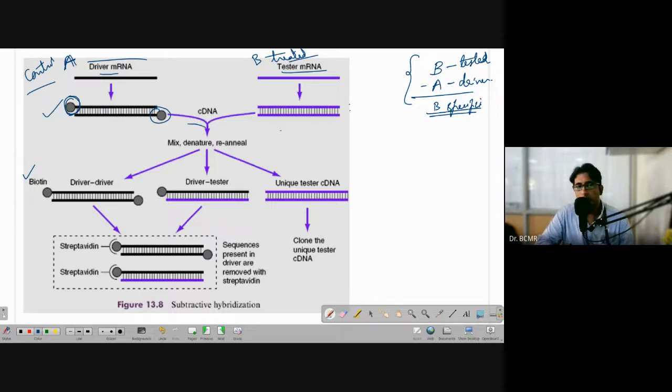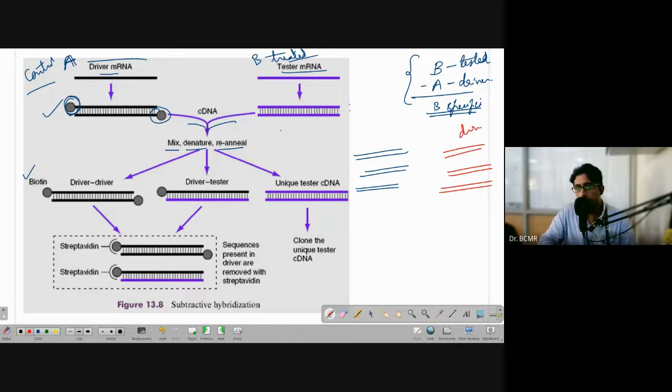Now we are mixing both these cDNAs. You mix them, you denature and reanneal. So let's see, assume these are the genes, cDNA from the tester, and these are the cDNA from the driver.